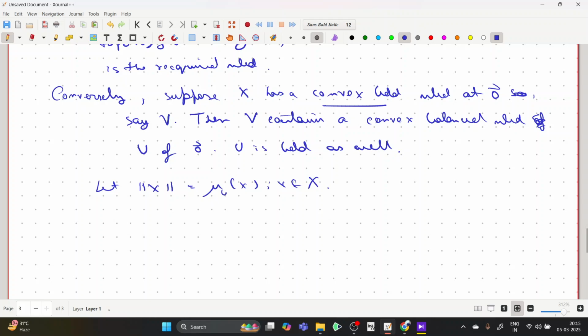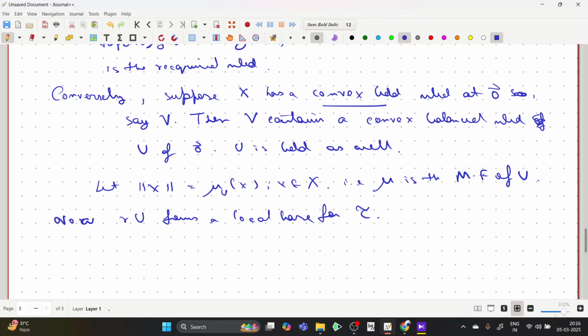Or rather I should write mu_U of x. Okay, that is, mu is the Minkowski functional of U. Fine. Now if I scale U by some positive number r, now rU forms a local base for tau.